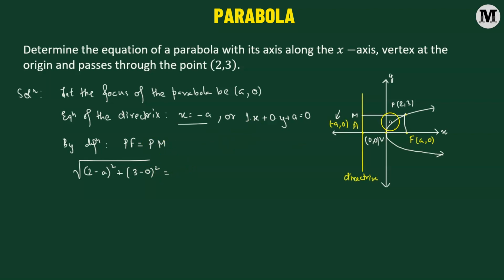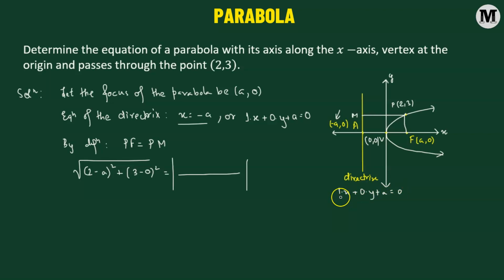Now PM is the perpendicular distance, and there's a formula for obtaining it. We have to take the absolute value, and inside the absolute value we take a ratio. We'll start with the numerator. Here we have the directrix 1 times x plus 0 times y plus a equals 0.